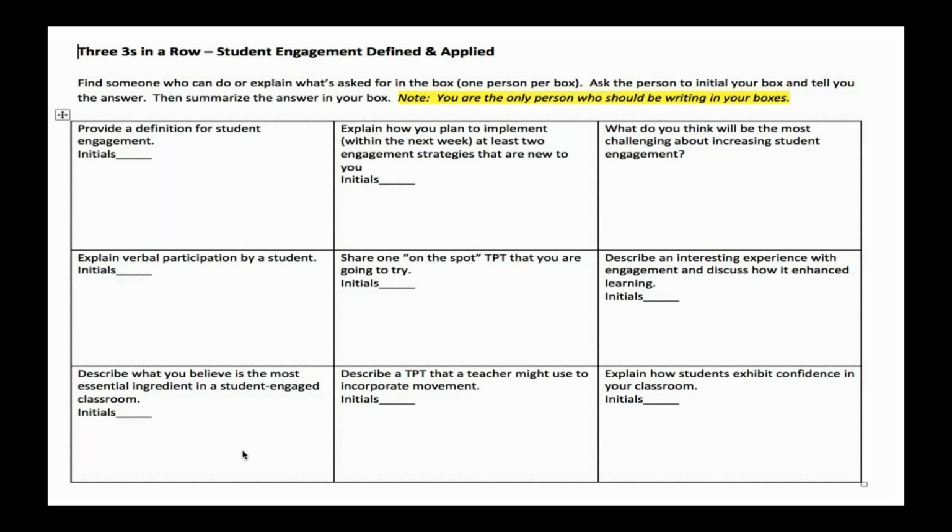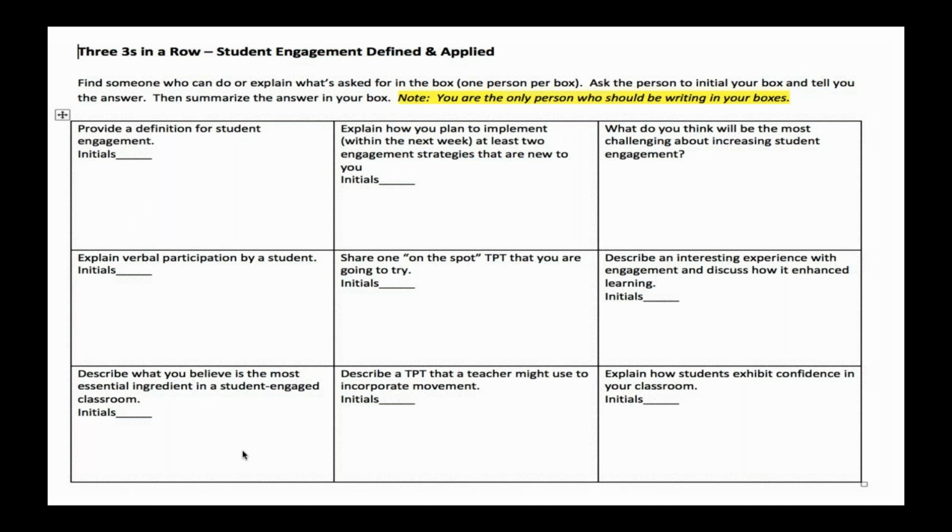So when I come up to you and ask you to provide a definition for student engagement, I'm going to write your initials on the line, and then I'm going to write your definition in the box. That means I have to listen to you with the intent of understanding, and understanding enough that I can write those words down on my paper. I may have to inquire, I may have to ask you questions, I may have to ask you for more details, but I am the only one writing in the boxes.